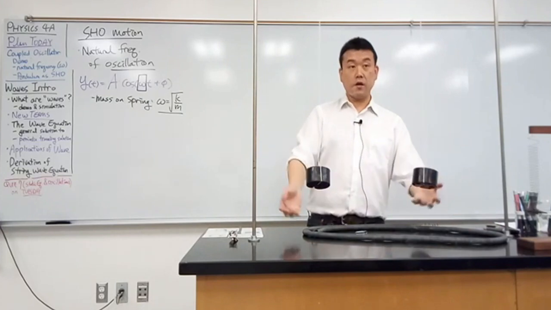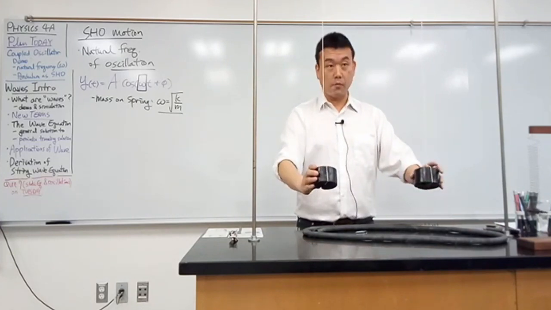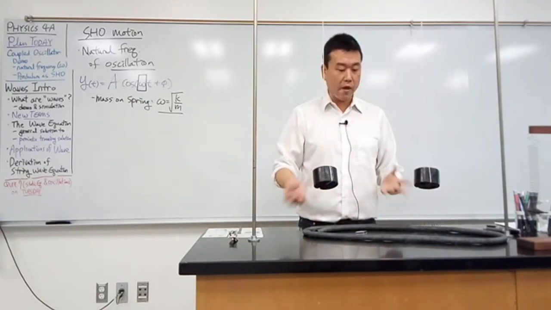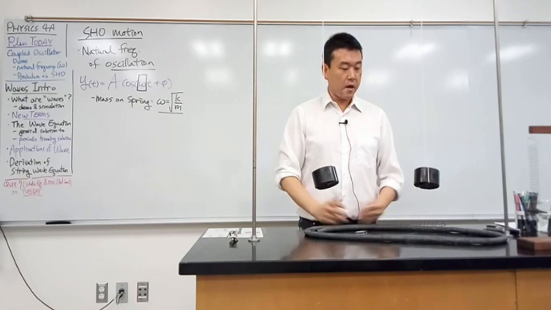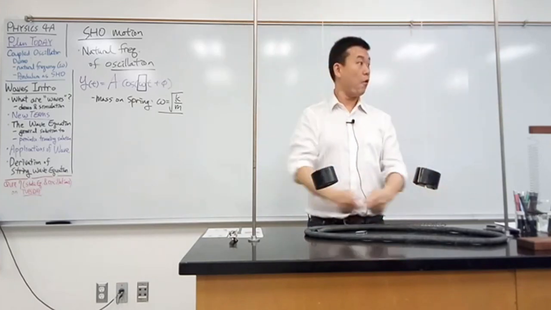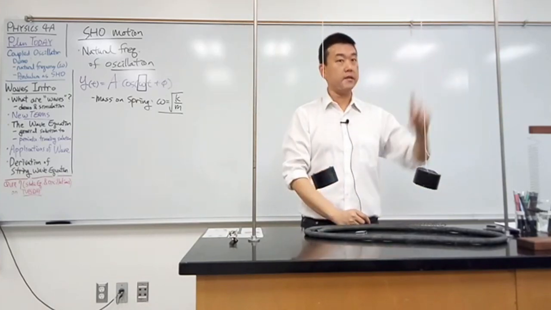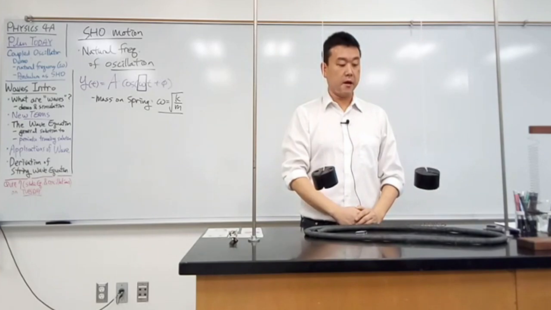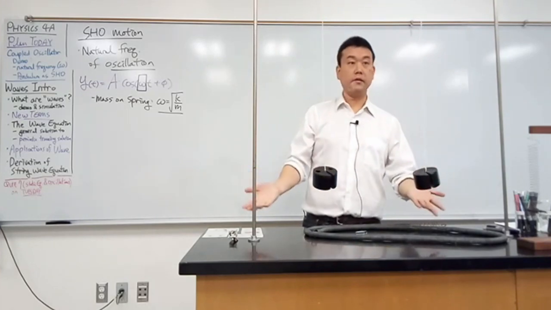So in upper division, they describe this in terms of normal modes. And one way you can actually describe it is this system as a whole has two different ways it can shake. That's the normal mode.